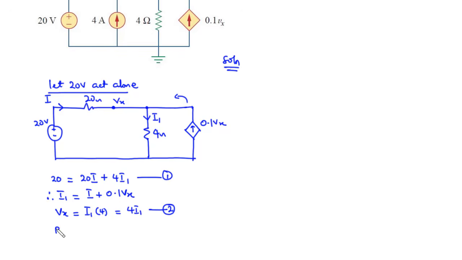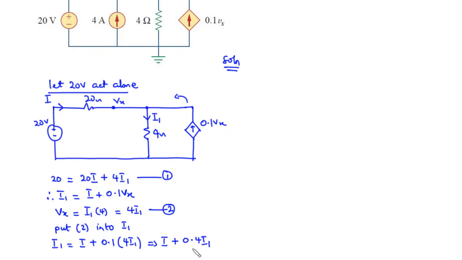Now we are going to put equation 2 into I1. So for I1, we have I1 equals I plus 0.1 times Vx, which is 4I1, and that becomes I plus 0.1 times 4, which is 0.4, I1.